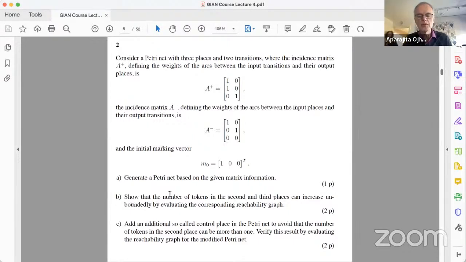And then there are some specific questions on here. Let's see: show that the number of tokens in the second and third places can increase unboundedly by evaluating the corresponding reachability graph. Yeah, that's an interesting aspect generally for Petri nets, that they can also handle infinite state systems, which of course generates problems on decidability and so on.